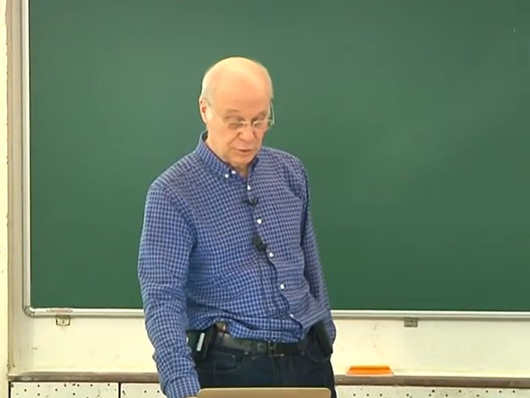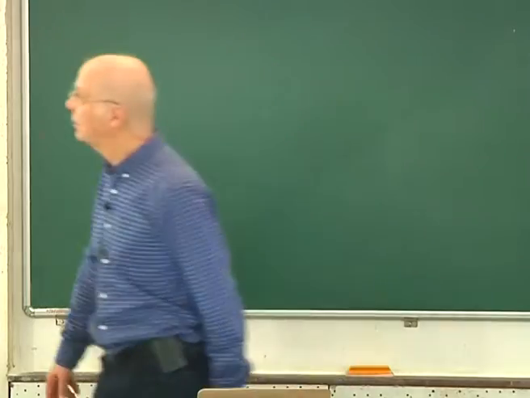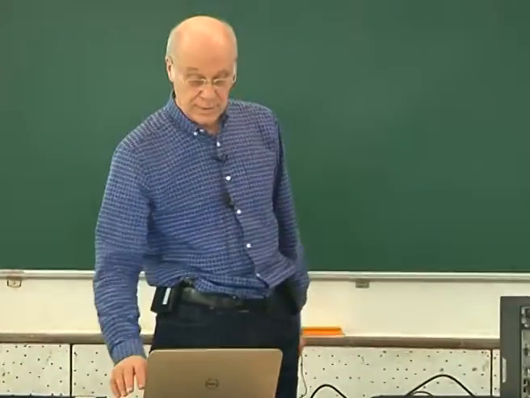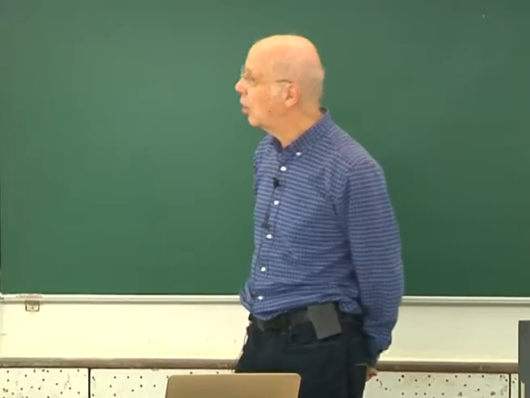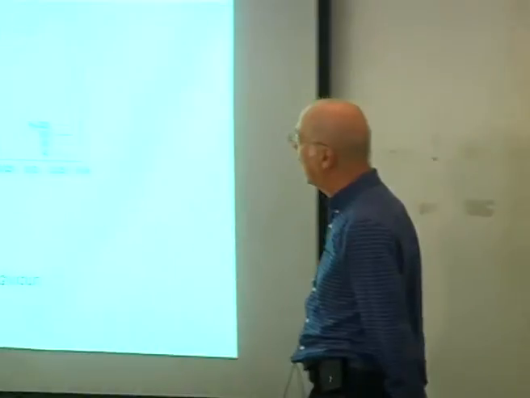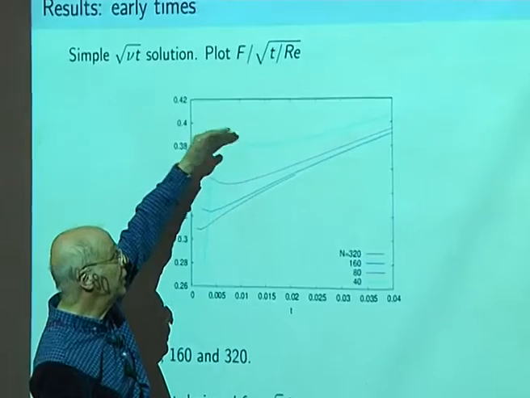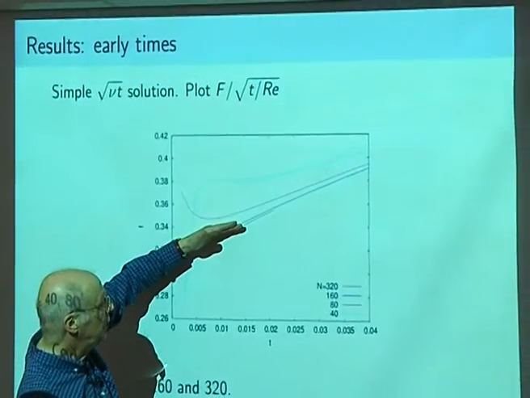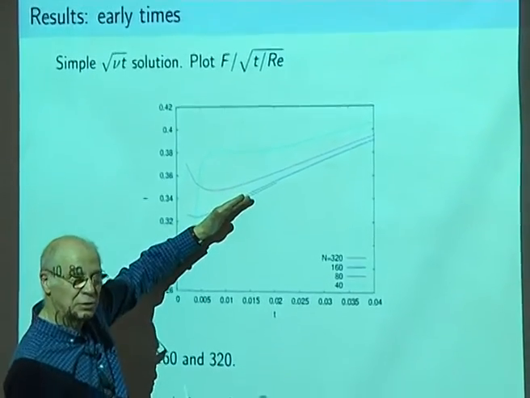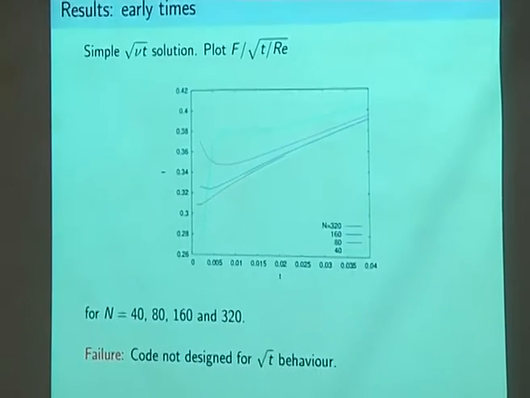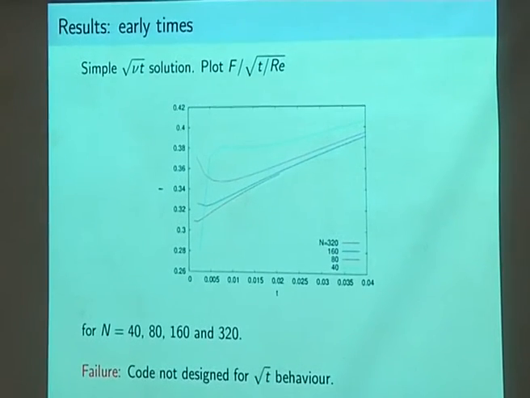That's upside down. You should multiply by it. This force divided by it is actually the force multiplied. As a function of time, the light blue curve is 40, then there's 80, 160 and 320 points. In these early times, you need a lot of points to resolve this thin boundary layer.